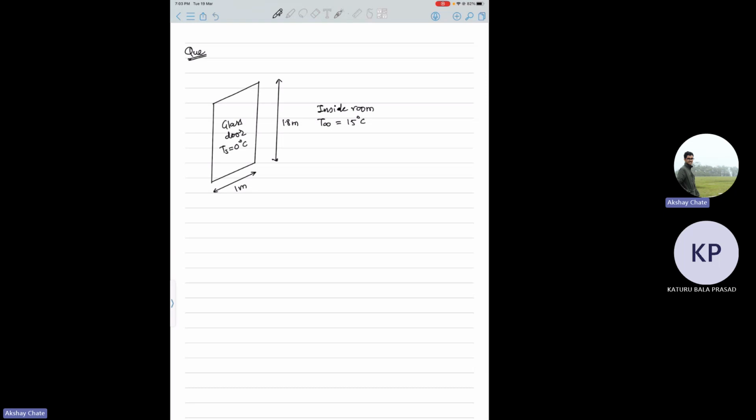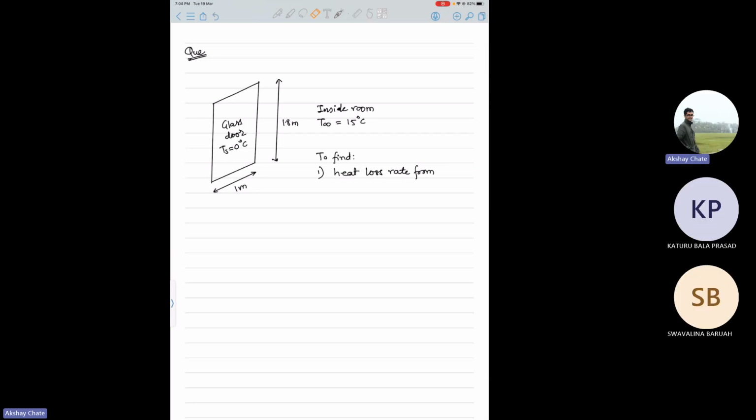And we need to find, first, the same thing, the heat loss rate through the door, sorry, not window, this is a door, due to convection.